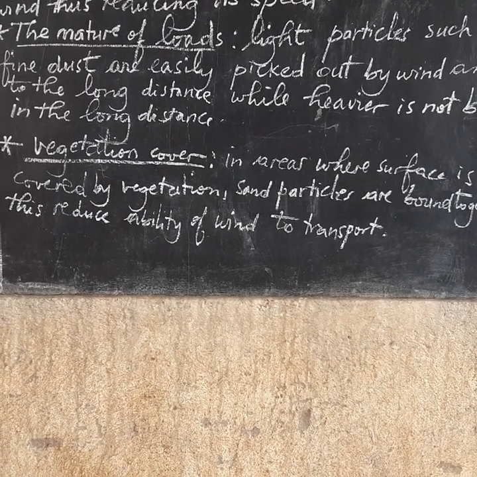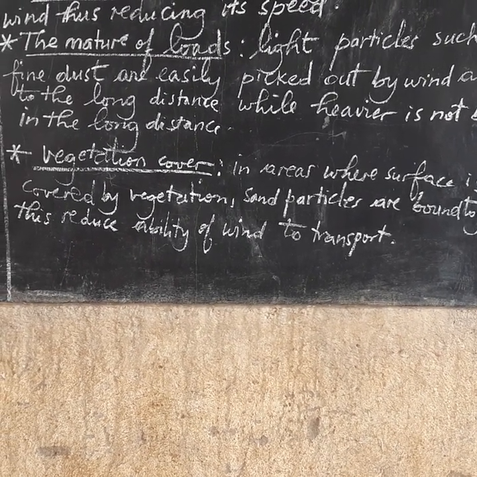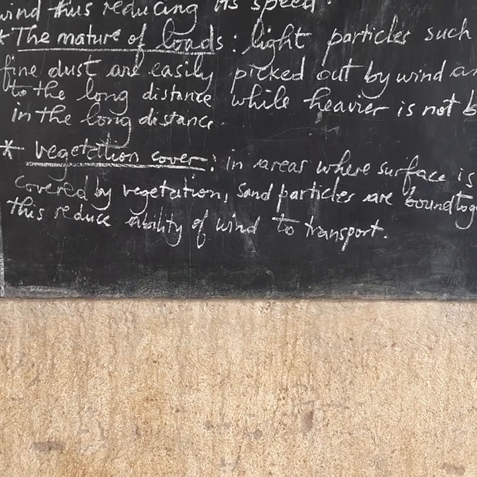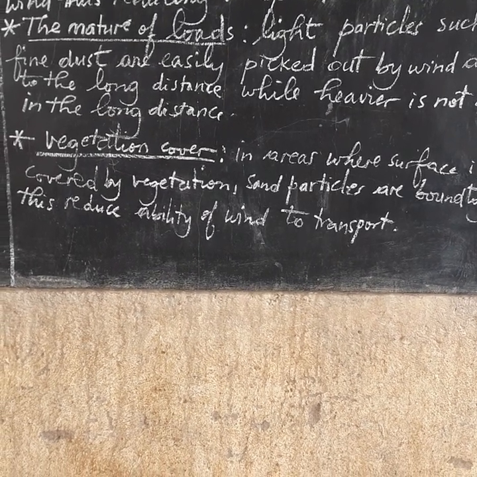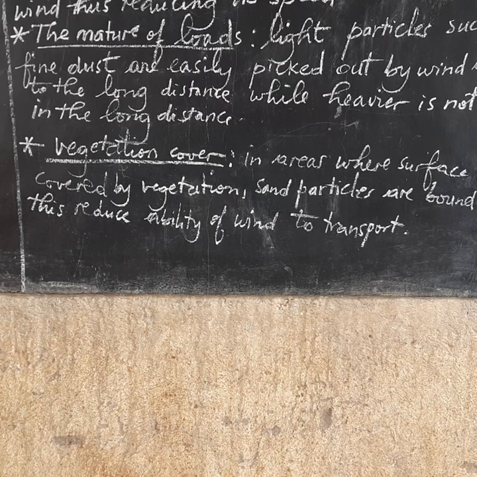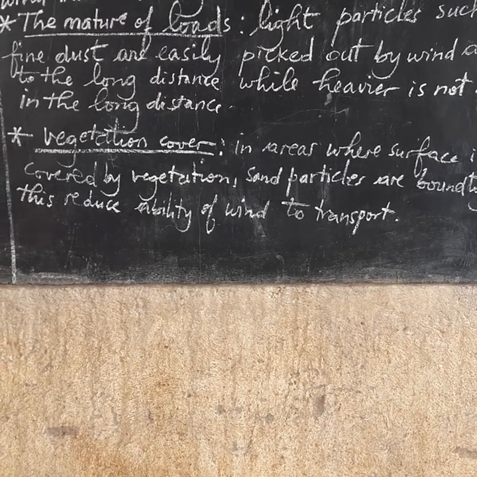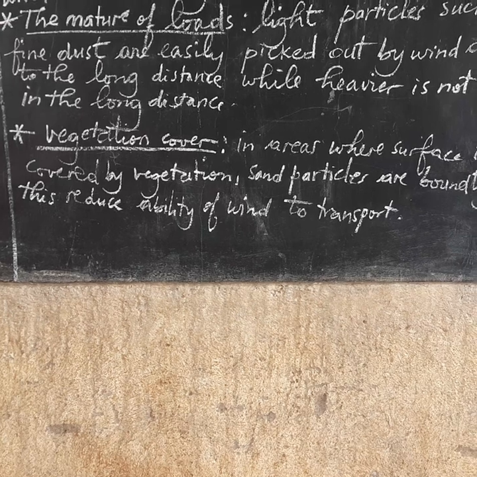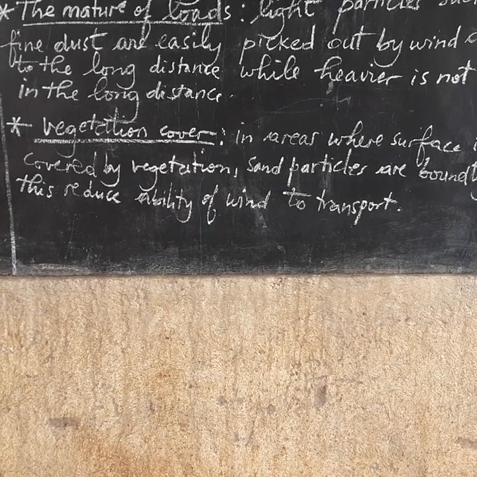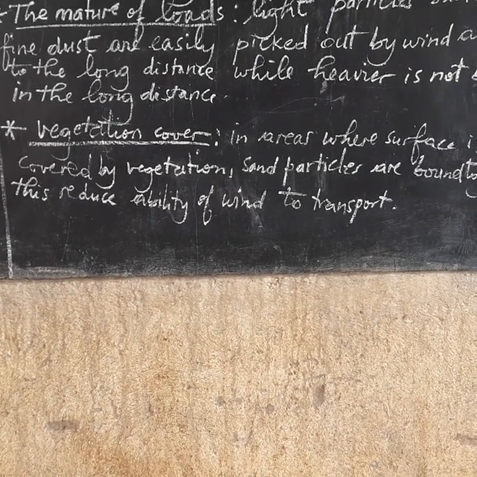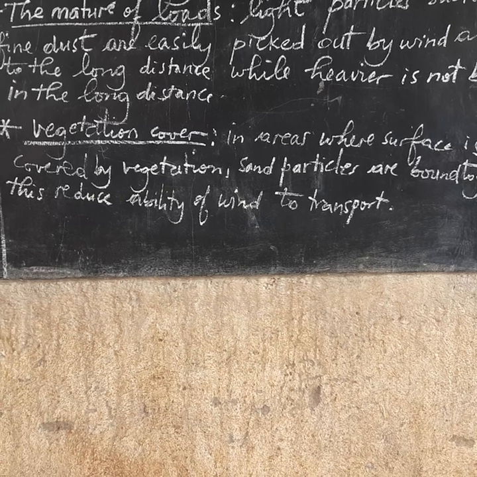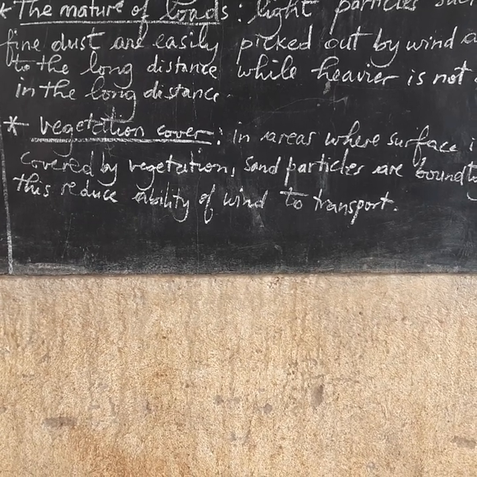So meaning that depending on the nature, depending on how the loads look like, we have heavy loads and light loads. So those loads which are heavy will not be transported over a long distance, but those ones which are light will be transported over a long distance.